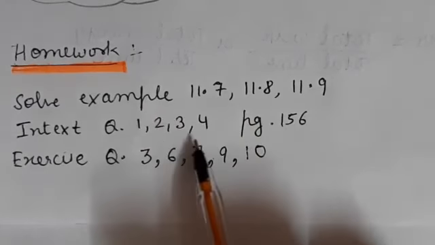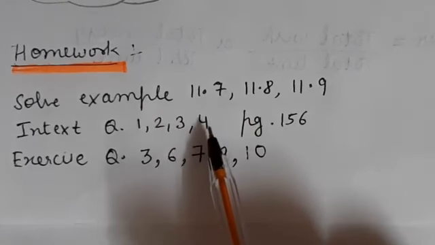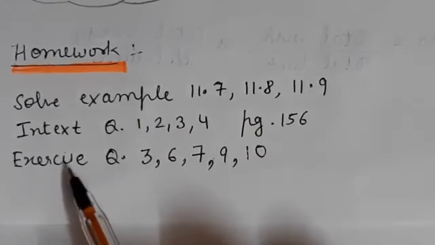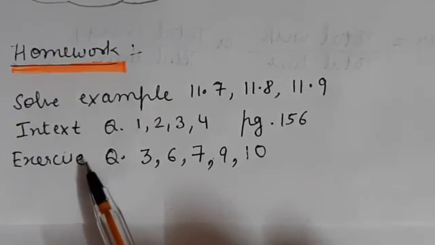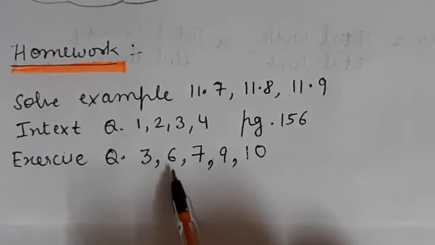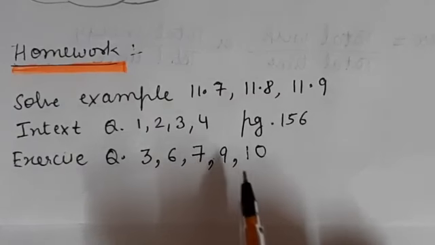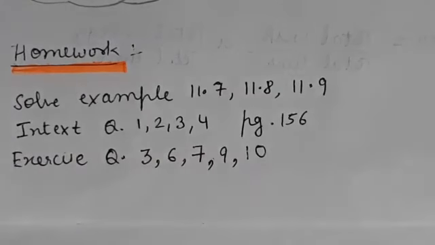These are basically covered in the notes. And after that, you have to solve exercise questions number 3, 6, 7, 9 and 10. This is your homework for today's lecture. The rest of the questions we shall cover next day. Clear, students?